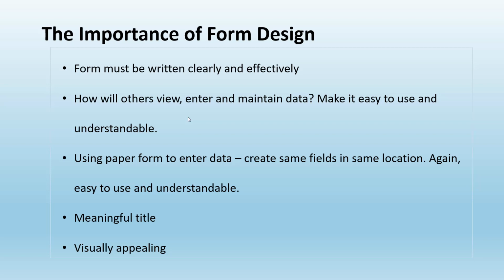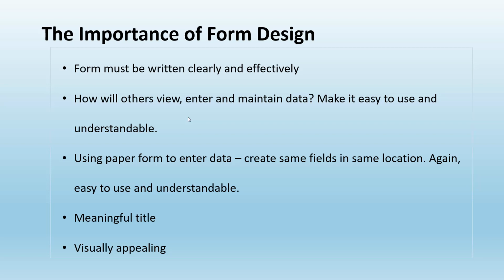It's going to be very troublesome and cumbersome for that person, and they're not going to like you very much. So when you are creating a form, you want it to look like or be similar to the paper form, which makes it easy to enter that data.